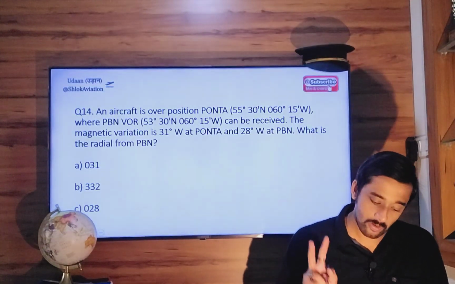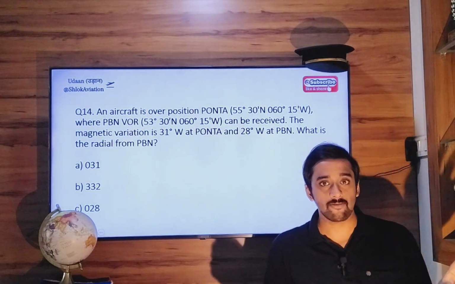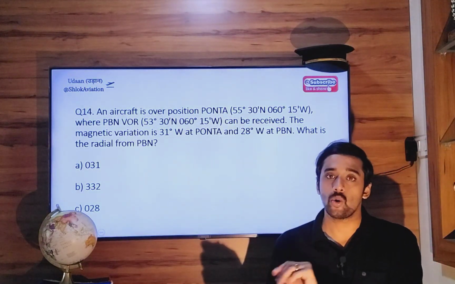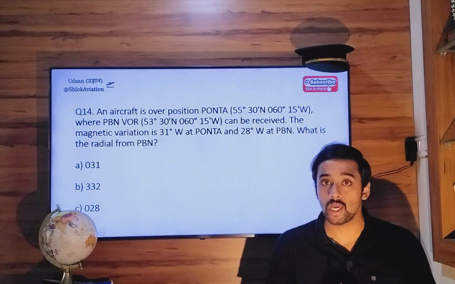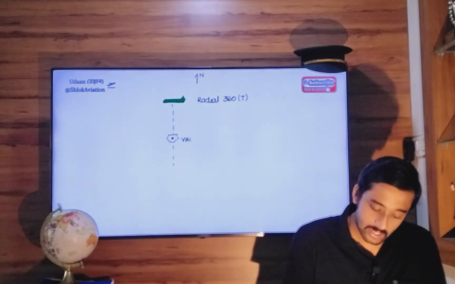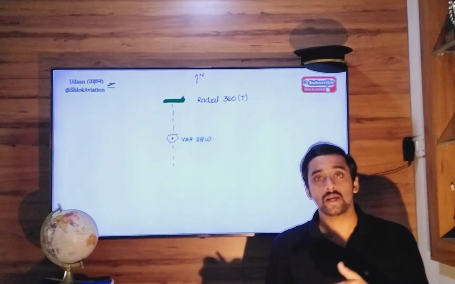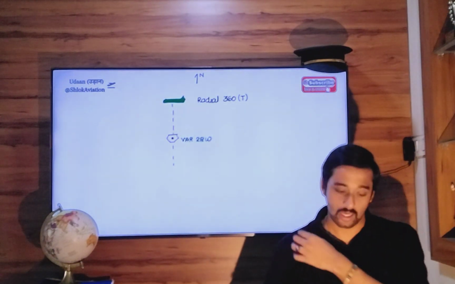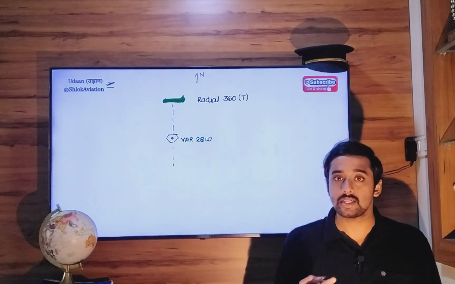Now here there are two different variations given to us. One variation at aircraft position, another variation at VOR location. So we are going to use the variation which is at VOR location, 28 degree west. In case of NDB questions, you are going to use variation at aircraft location. So variation west, magnetic is best.